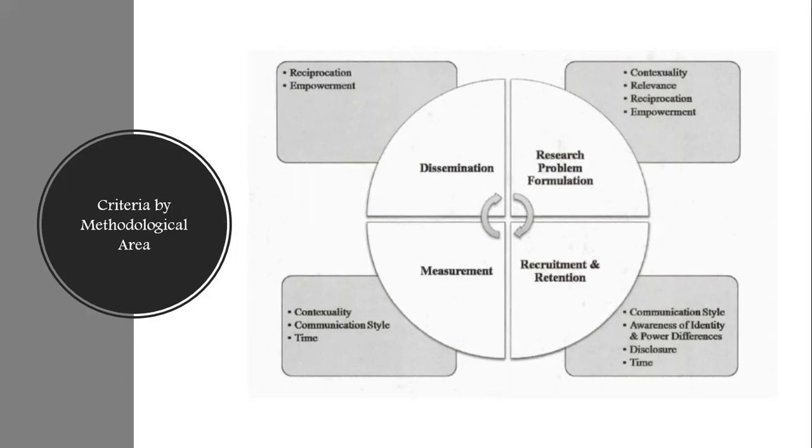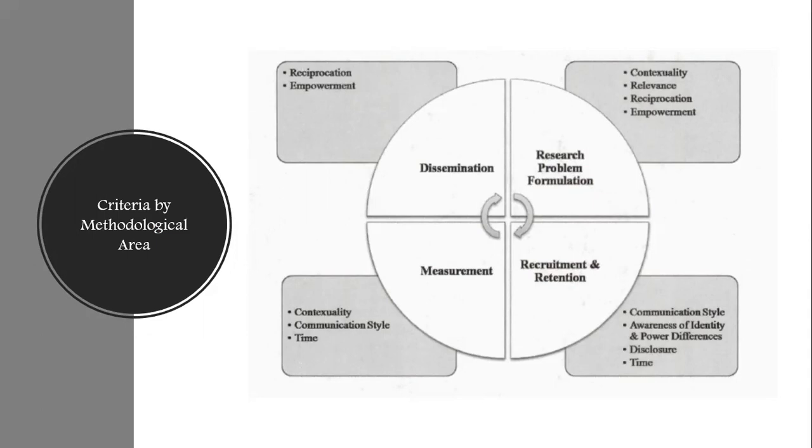How might disseminating the findings from our study empower the community, and in what ways is that dissemination reciprocal? Not only is the researcher getting to disseminate that information, but the community members are also having a say in how the findings of that research get disseminated. So we think about the reciprocation aspect, even in terms of how we disseminate the findings from our study.